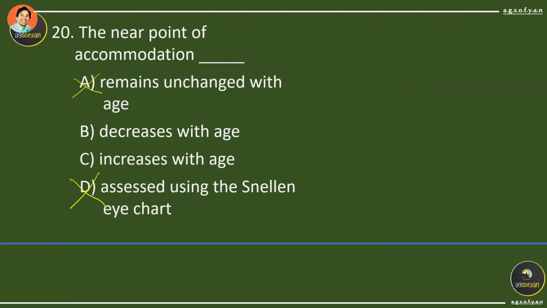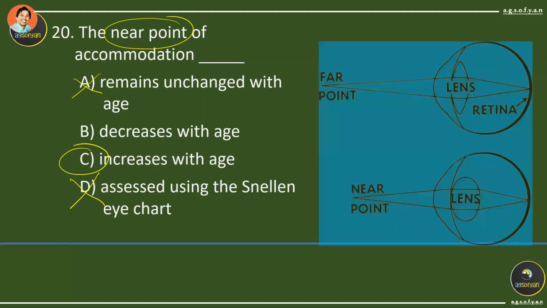The near point means the closest object that you can see with focus. When we are older, our near point will increase, so we cannot see very close objects. We have to move the object a little bit away from our eyes. That's why old people have problems reading the newspaper.